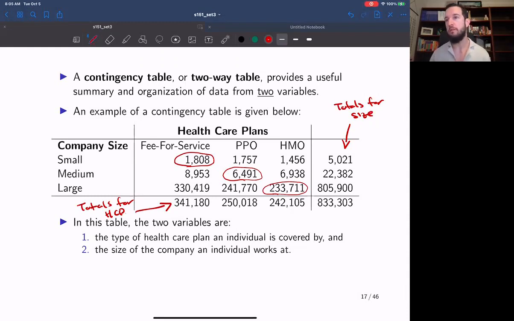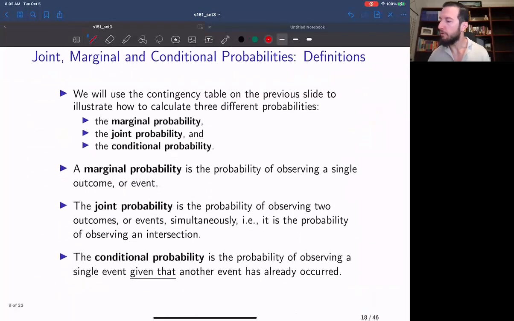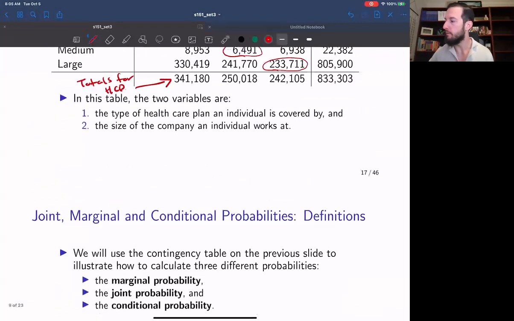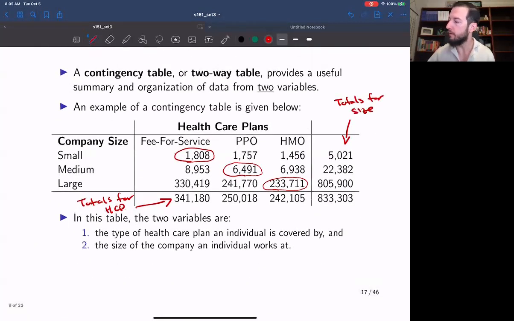So what we are going to do is use contingency tables to define 3 different probabilities, one of which we have already seen. The three probabilities are the marginal, the joint, and the conditional. The marginal and the joint probability are very easy to visualize and to calculate. The marginal probabilities are simply probabilities of observing the row or column totals, the totals that I've highlighted here and here.